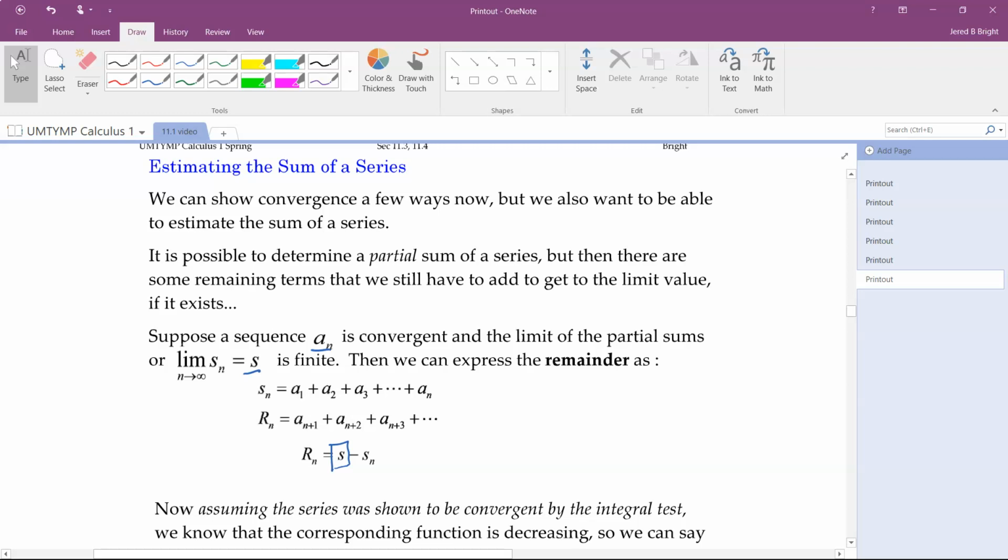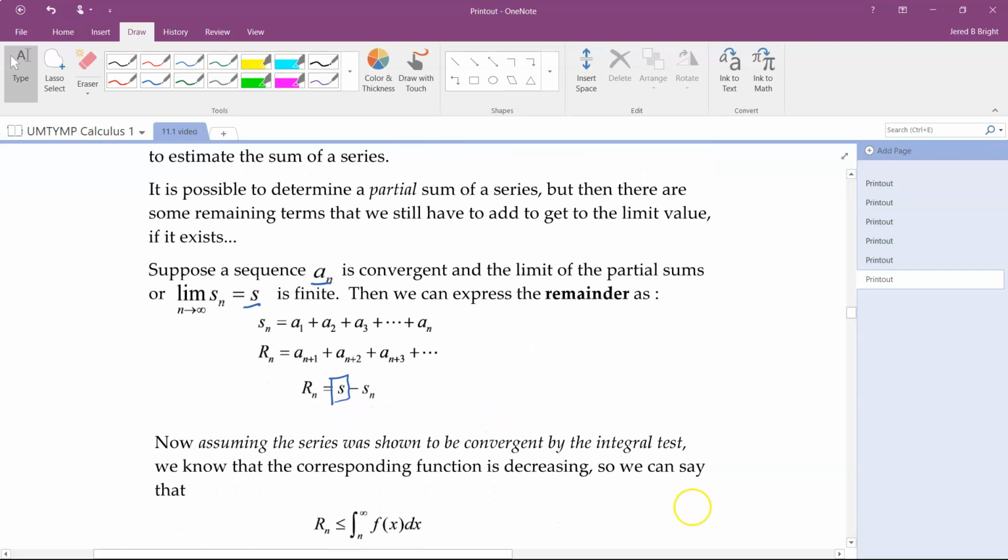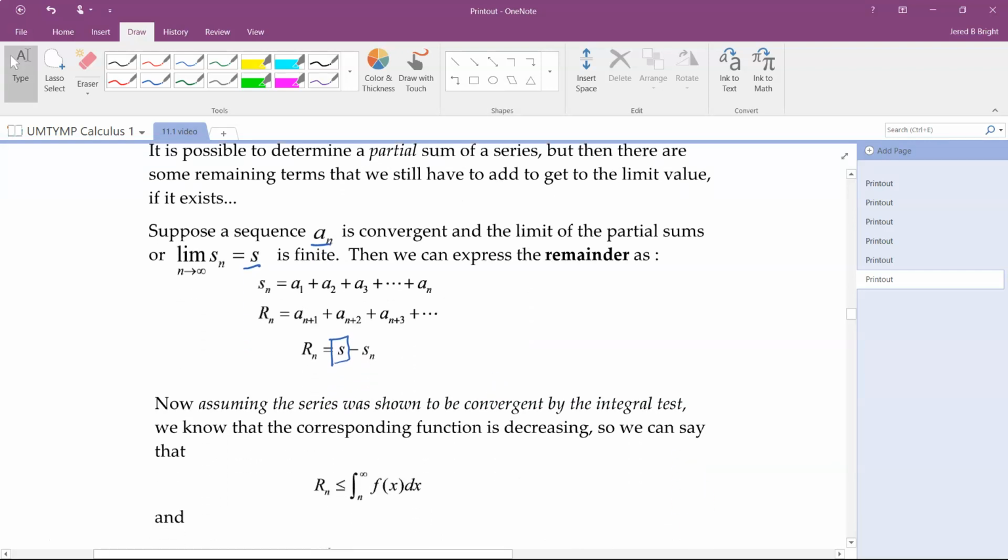But now, if we know this series was shown to be convergent using the integral test, we can actually say a little bit more. We know the function is decreasing, so we can say that this remainder R_n is going to be less than the associated integral from n to infinity, because we're only adding the function values corresponding to every natural number, whereas the integral includes everything, both natural and non-natural numbers, in its sum.